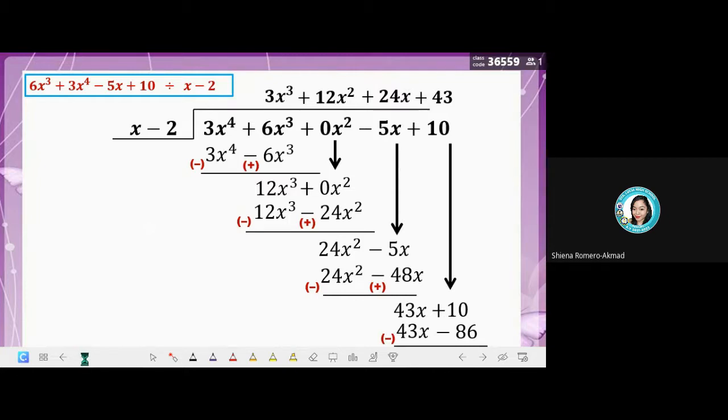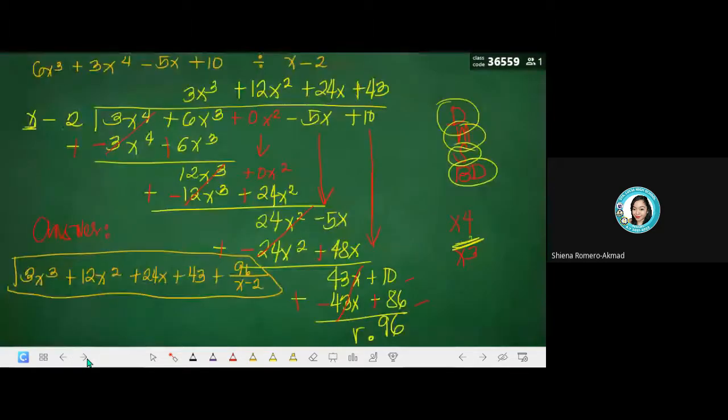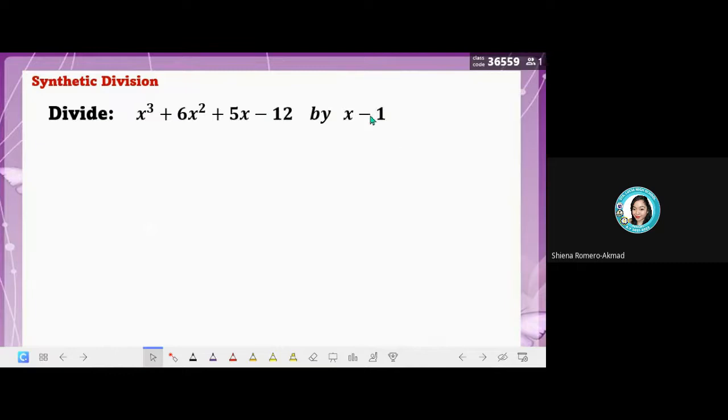Sinulat lang yan. So the quotient is, alam niyo na yan. Now, how about if I am going to use the synthetic division? So let us have first an example of synthetic division. This is an example of synthetic division.